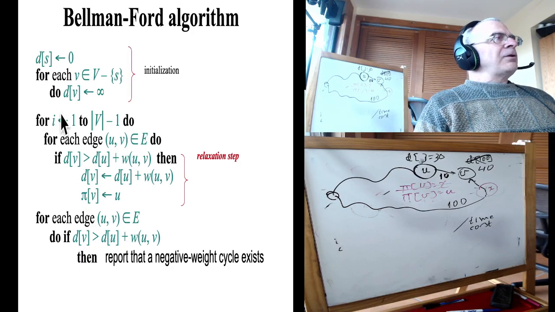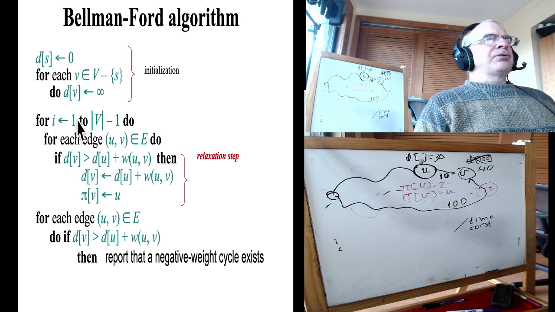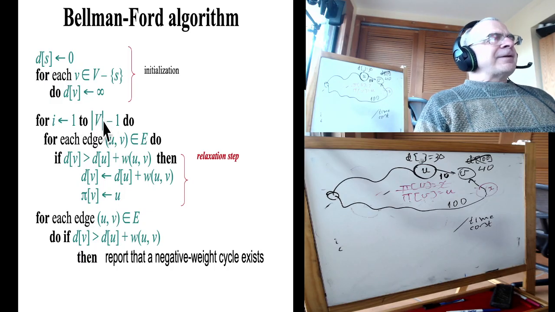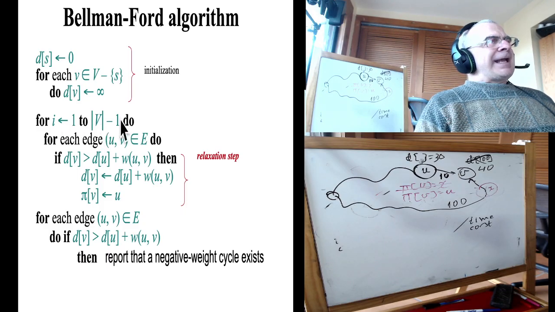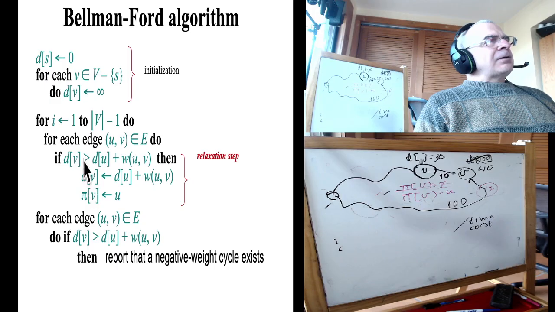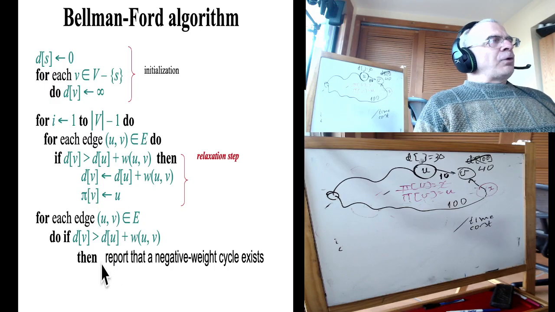And the algorithm will tell you once you're done, go and do it again. To be precise, the algorithm tells you to do this inner loop n times, the number of vertices many times. However, in the first part, it tells you do it only n minus 1 many times, this inner loop of passing through all the edges. And only then do it once more.